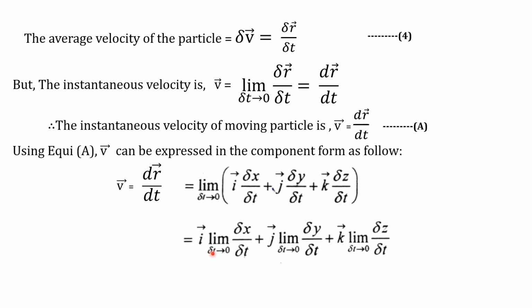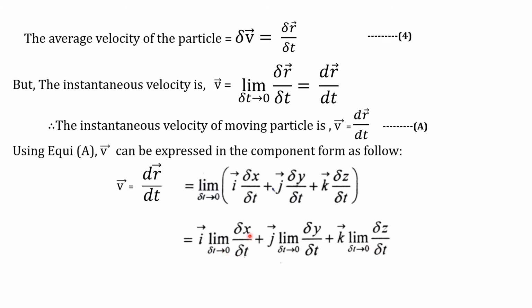Vector v is equal to i times the limit as delta t tends to 0 of delta x by delta t, plus j times the limit as delta t tends to 0 of delta y by delta t, plus k times the limit as delta t tends to 0 of delta z by delta t.